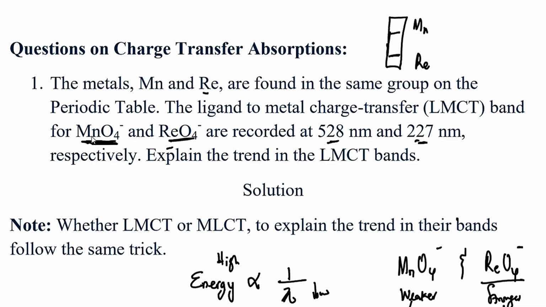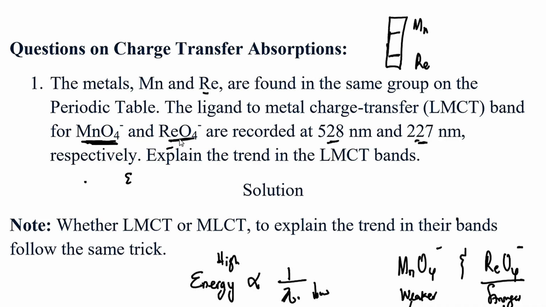First of all, the more reactive the metal, the more stable the bond that is formed. Also take note that it requires greater energy to break a stable bond than a weaker bond, right? Energy is inversely proportional to wavelength.